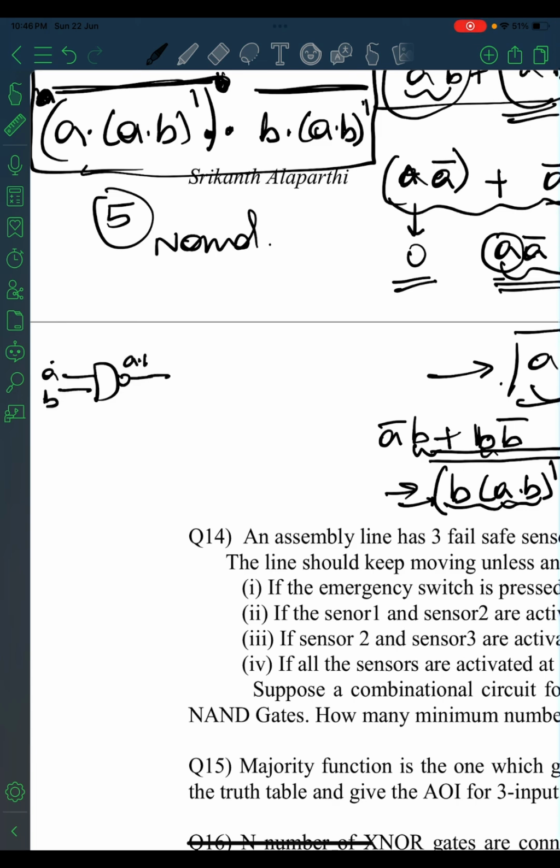This is A dot B whole bar, and this is going to two NAND gates, where the inputs are A and B. Now the results will be going to another NAND gate. 1, 2, 3, 4.